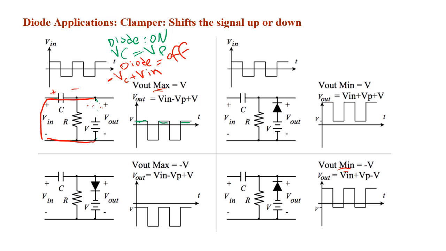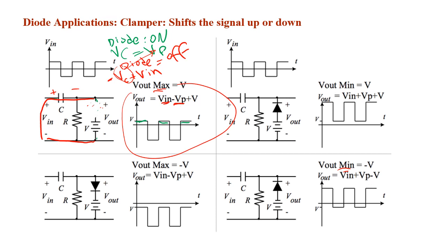Hence, the output of this circuit is equal to the input shifted down by a value equal to Vp. And we said earlier that Vc is equal to Vp. So this is where the negative Vp came from.